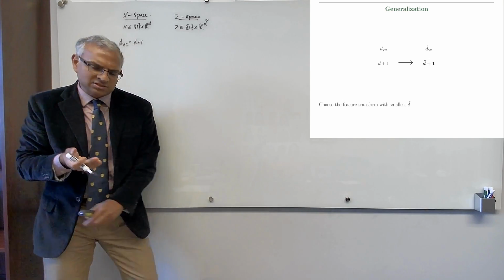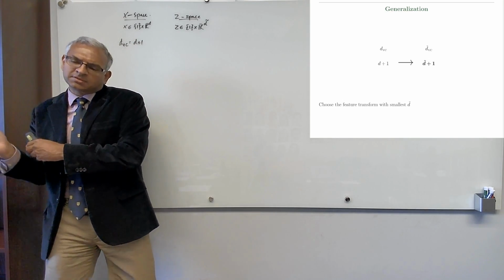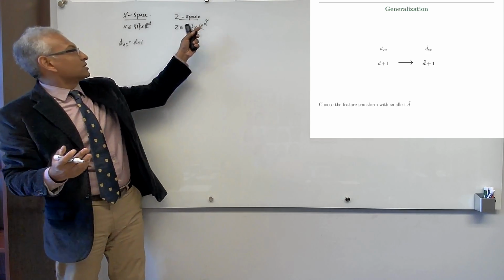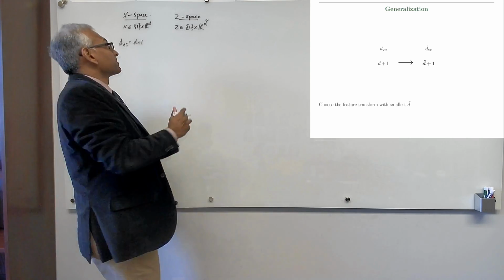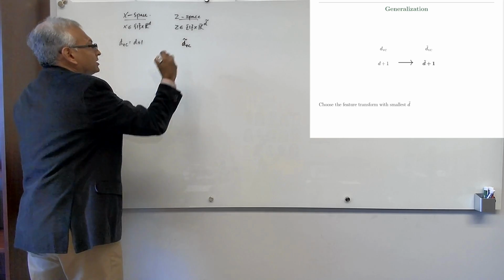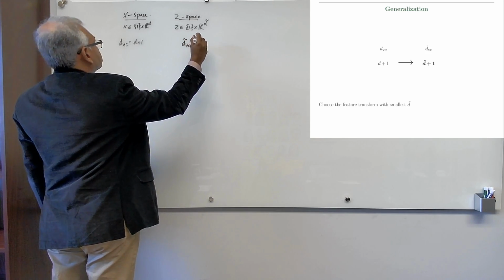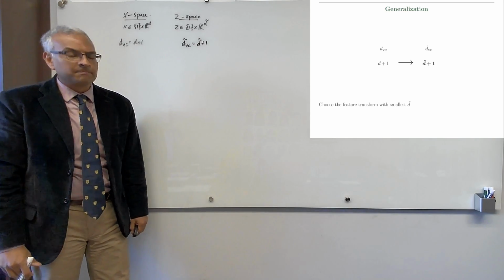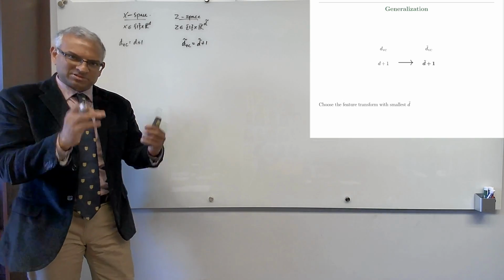There's no difference. You've just taken your data and bloated or shrunk the number of dimensions, maybe kept them the same. So your new number of dimensions is D tilde, and your VC dimension, let's call it dVC tilde, is equal to D tilde plus 1.